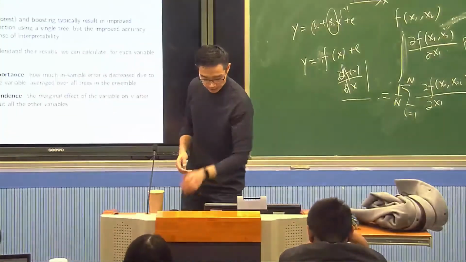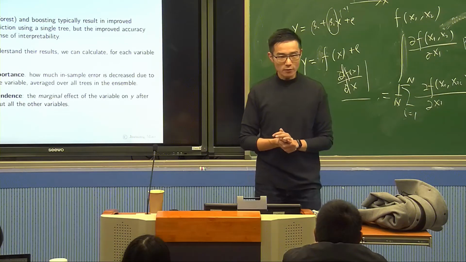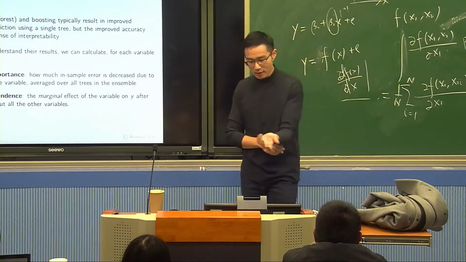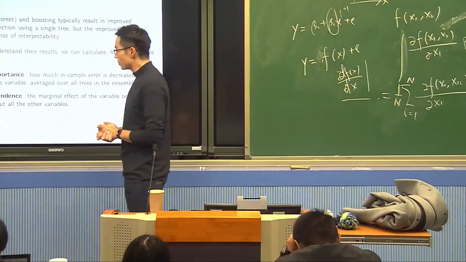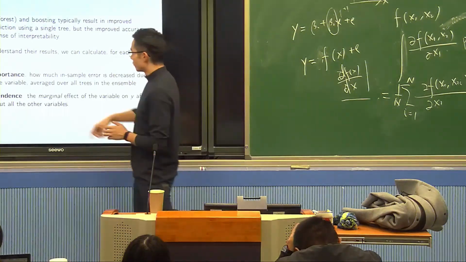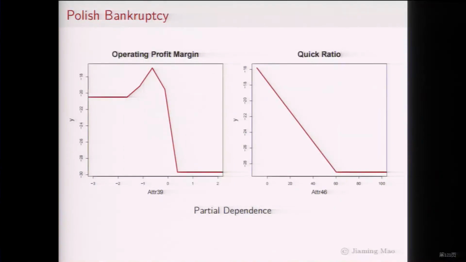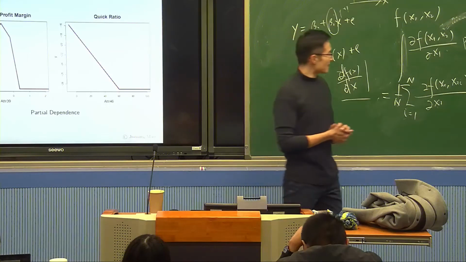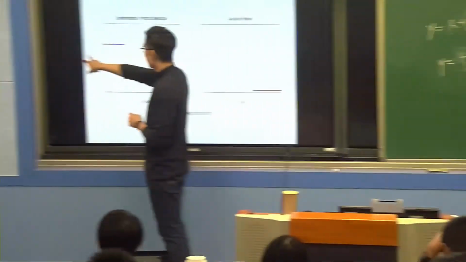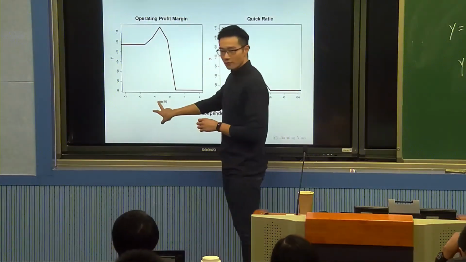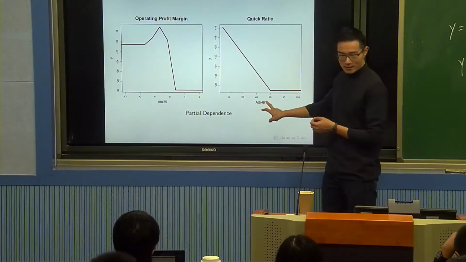Now, luckily, you probably don't have to do it yourself, because a lot of these packages have already written these functions for you. In terms of bagging, random forest and boosting, typically what people do is variable importance and partial dependence. What I mean by partial dependence is exactly this. Here we see y as a function of variable 39, and here y as a function of variable 46.